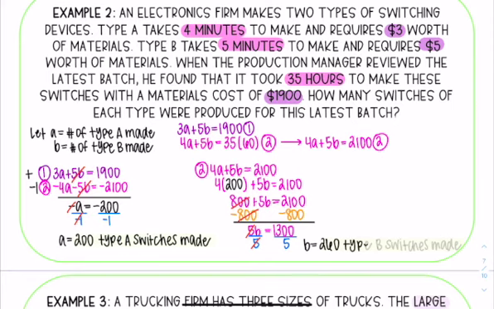So that means that 260 type B switches were made.